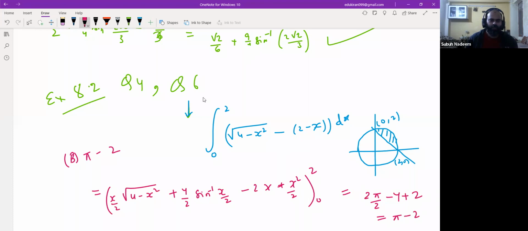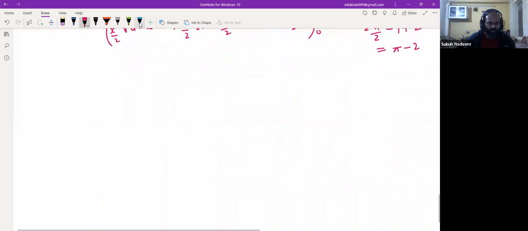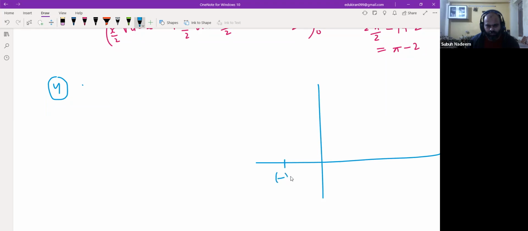Yeah, perfect. Question number 4, using integration, find the area of the region bounded by the triangle whose vertices are minus 1 comma 0, 1 comma 3, 3 comma 2.